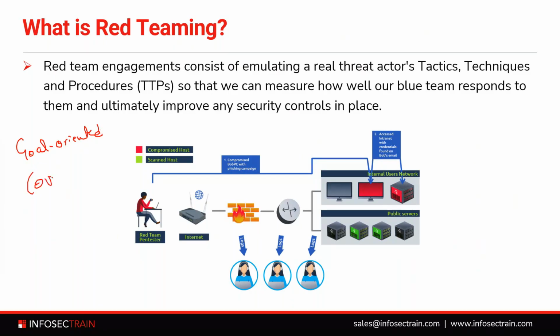Second, it is covert. Covert means closed, that means stealthy. It operates stealthily to avoid detection by blue teams. And it can be multi-vector. Now, what is a vector?